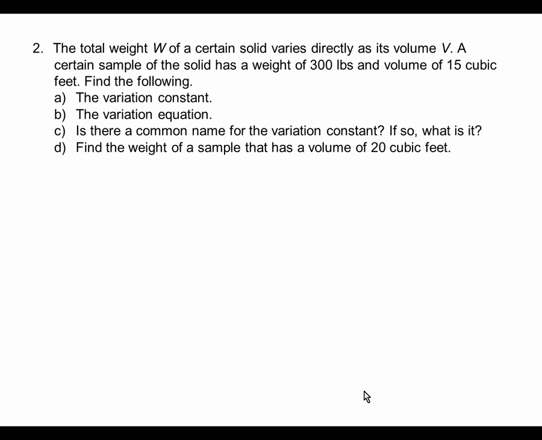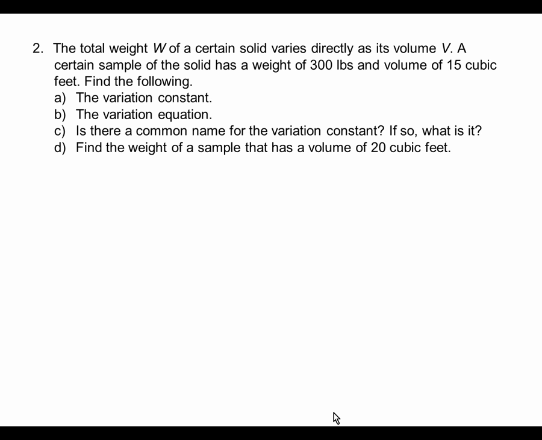Example number 2. The total weight W of a certain solid varies directly as its volume V. A certain sample of the solid has a weight of 300 pounds and a volume of 15 cubic feet. Find the following. In part A, the variation constant. In part B, the variation equation.